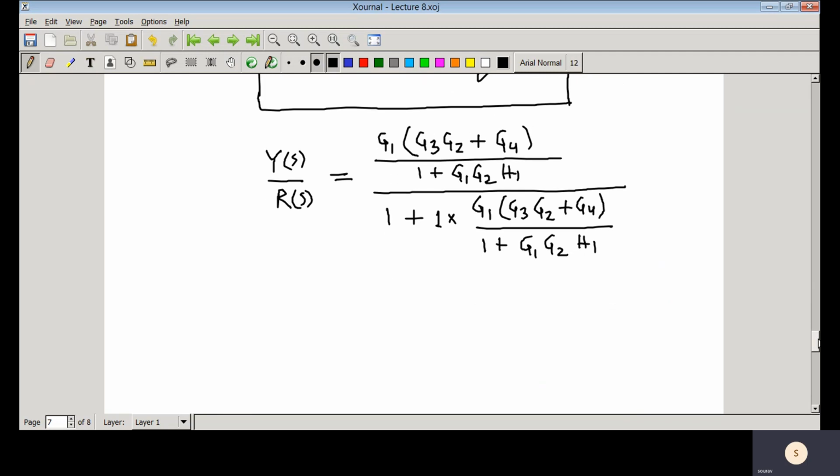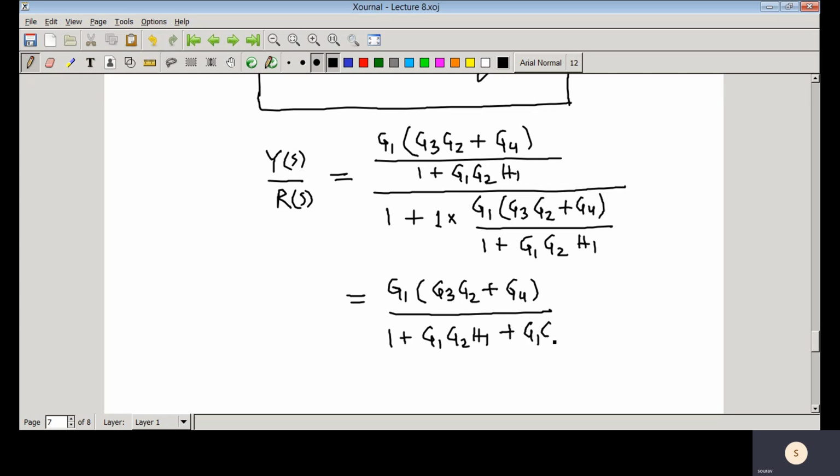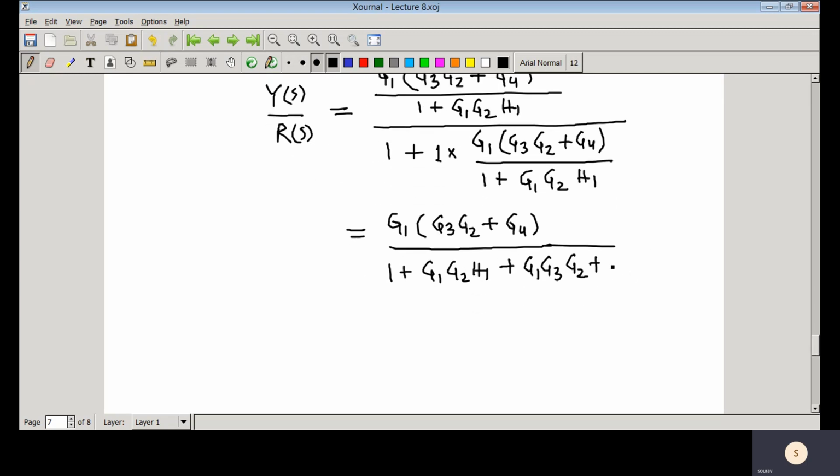So now if you simplify that one, you will get G1 into G3 G2 plus G4 divided by 1 plus G1 G2 H1 plus G1 G3 G2 plus G1 G4.